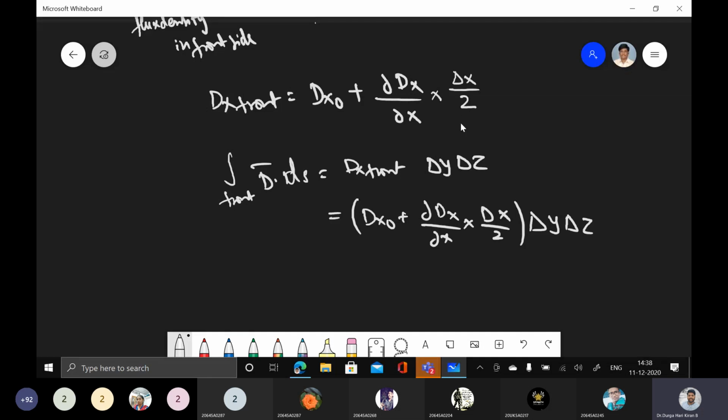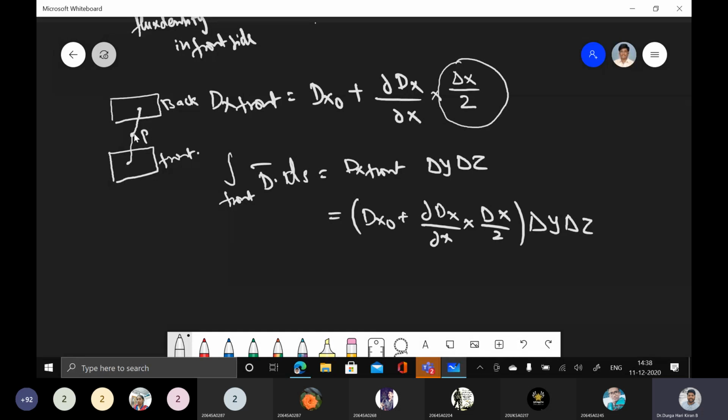I'll repeat this one. How did I get delta x by 2? What is the distance between the point and the surface? Okay, so this is my surface, the front surface. This is point P. Point P is exactly in the middle. Okay, consider this is the back side. Okay, this is back, front, this is back.